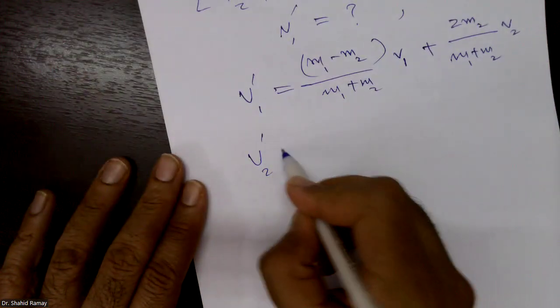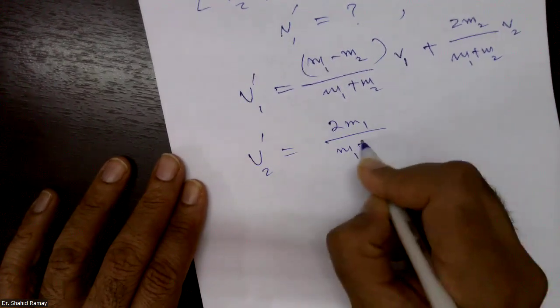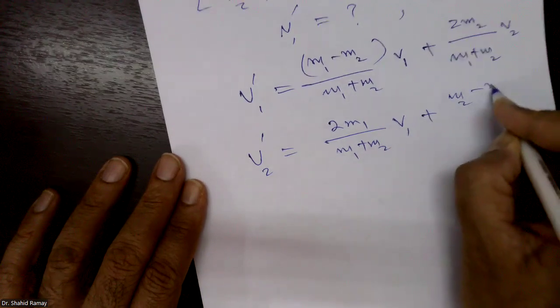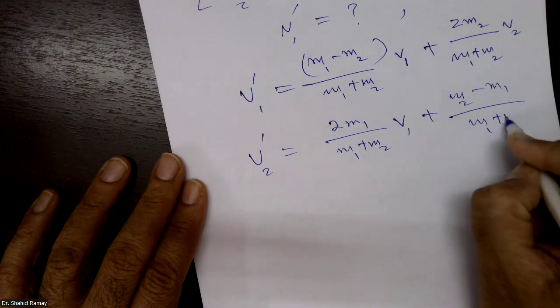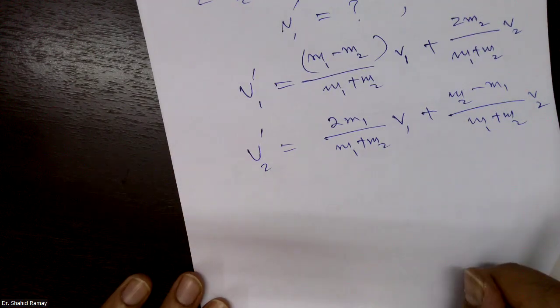So you can apply this formula. And V2 dash is equal to 2M1 over M1 plus M2 into V1, plus M2 minus M1 over M1 plus M2 into V2. So you should use these formulas.